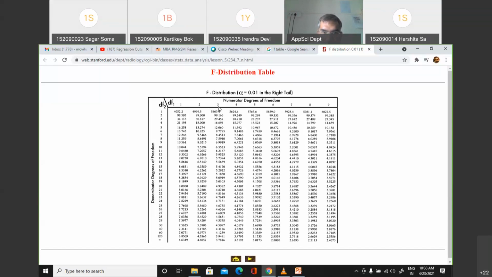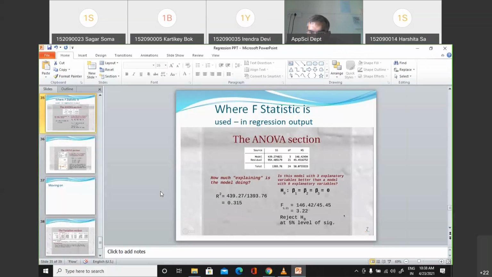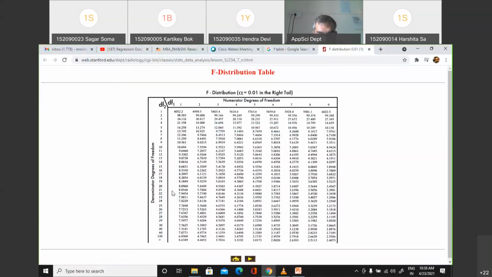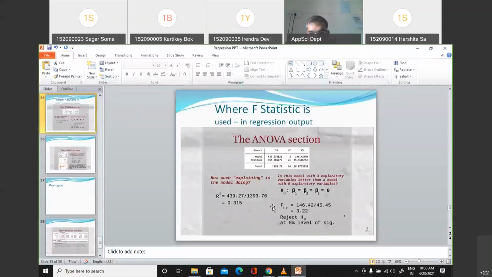So the degrees of freedom of the numerator is 3. The degrees of freedom of the denominator is 21, I think. 21 or 23. Yeah, 21. So here we can see the value is 4.87. Let us check whether.